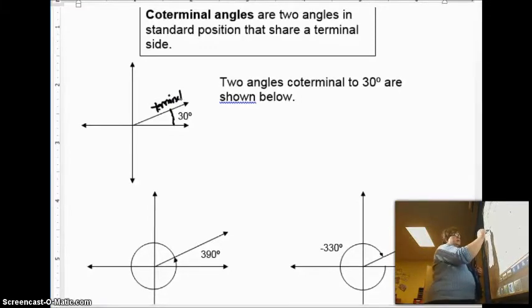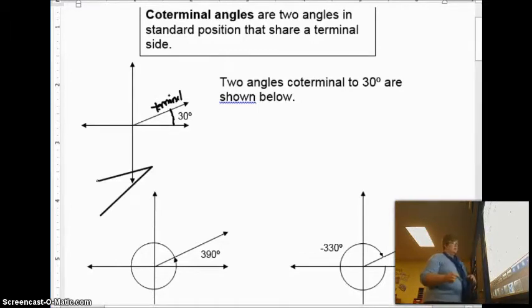So 30 degrees ends here, and if I come around the other direction, right, then the angle that ends there. It's just the idea that they're coterminal because 390 means I went around 360 degrees plus an extra 30.